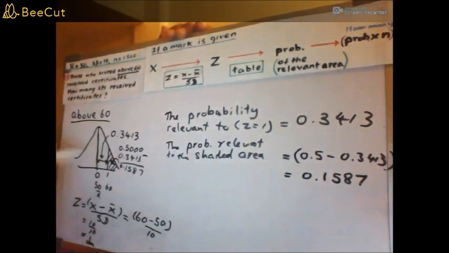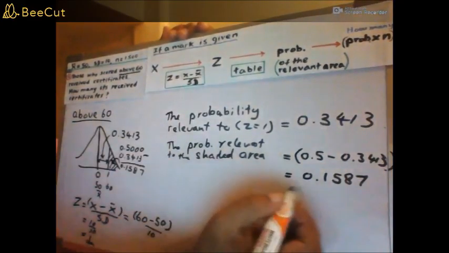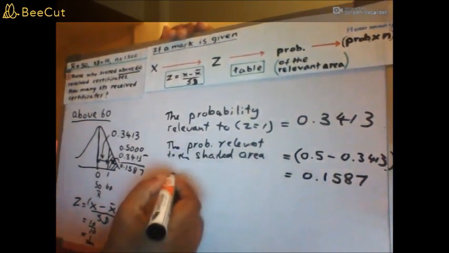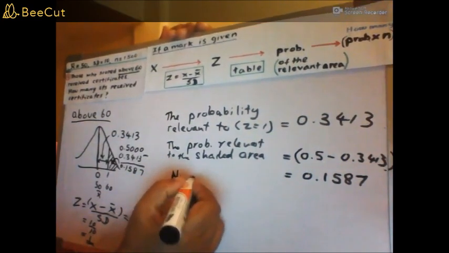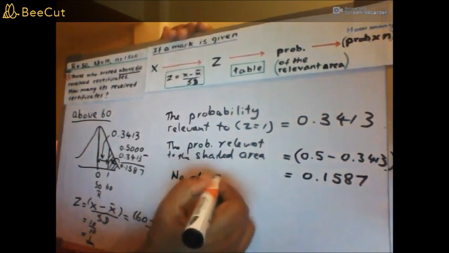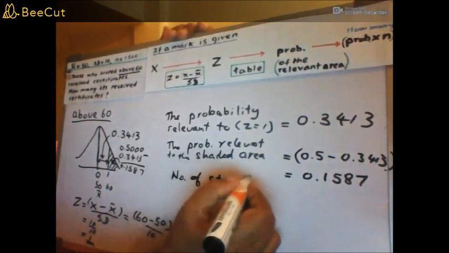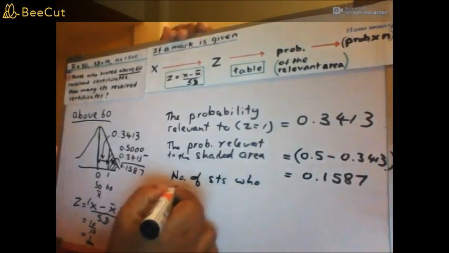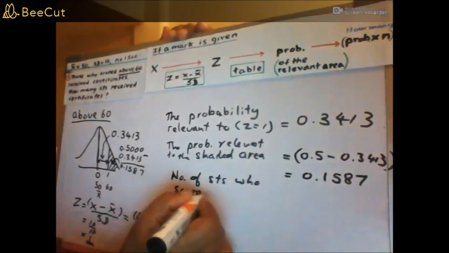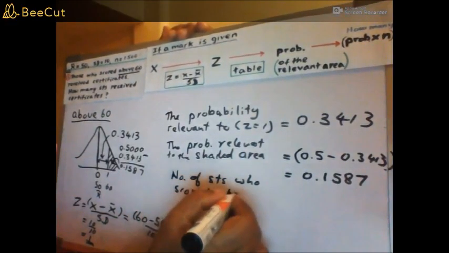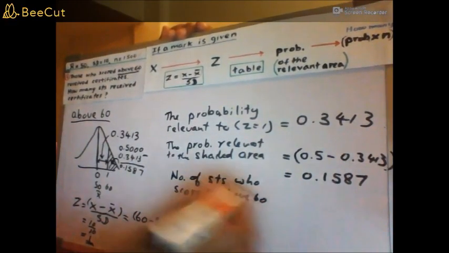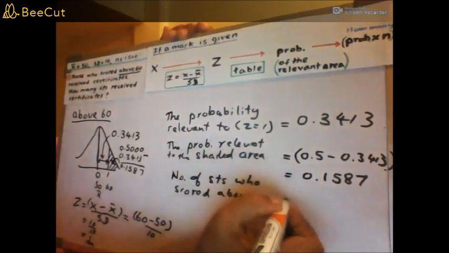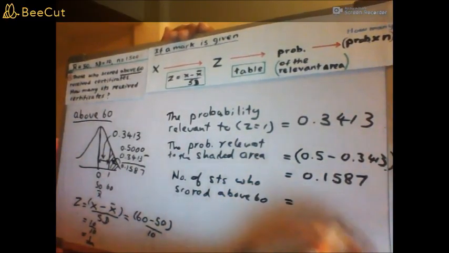So then we write number of students who scored above 60, or who received certificates.